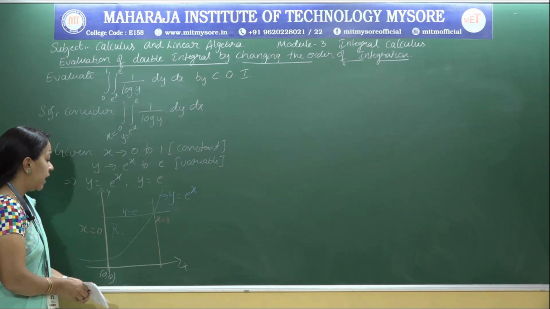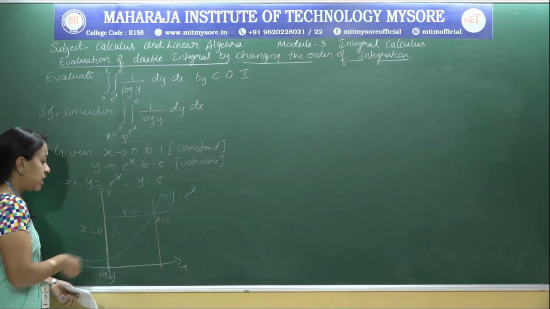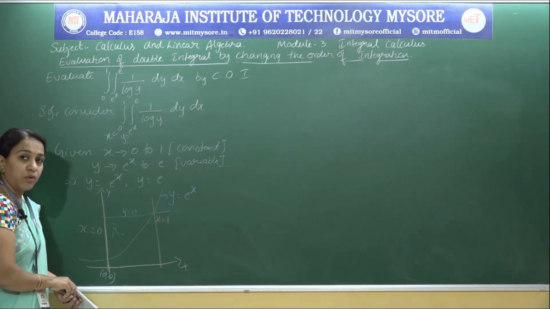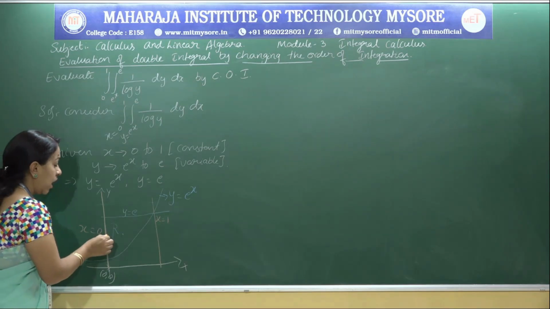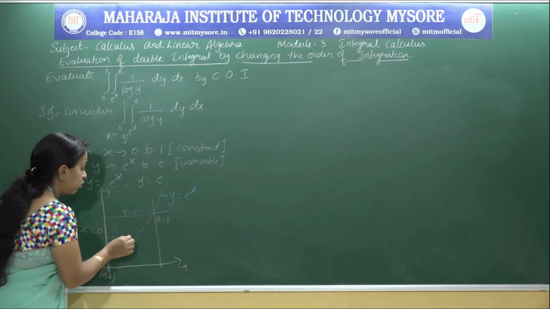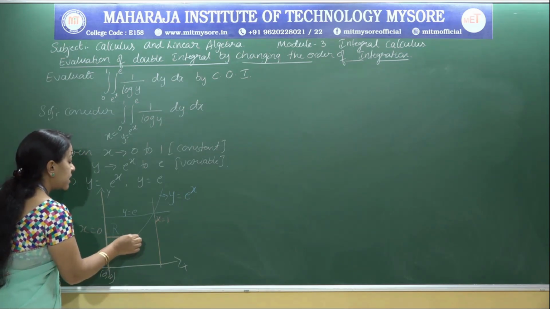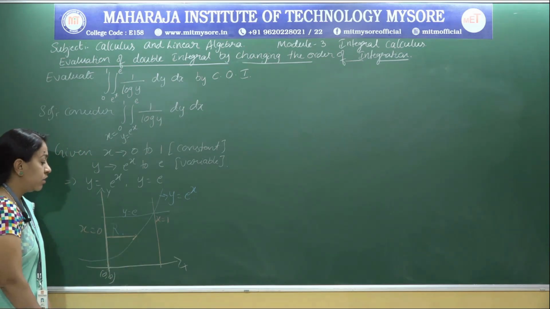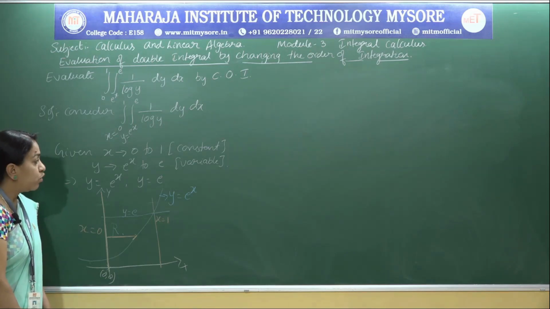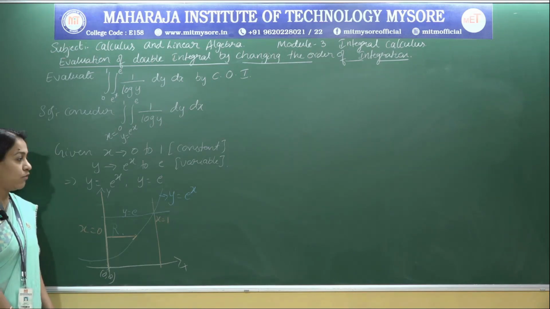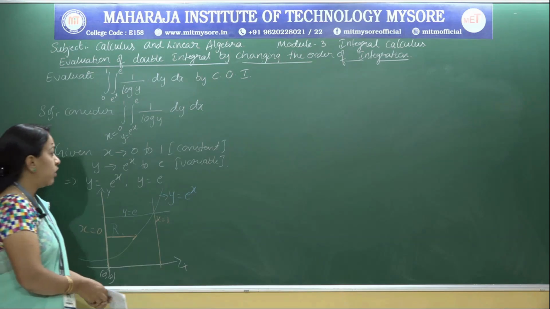So to consider the x limit, we should take a line inside the bounded region, and it should be parallel to the x axis. This is our line. And to consider the y limit, of course we should solve the given two curves.